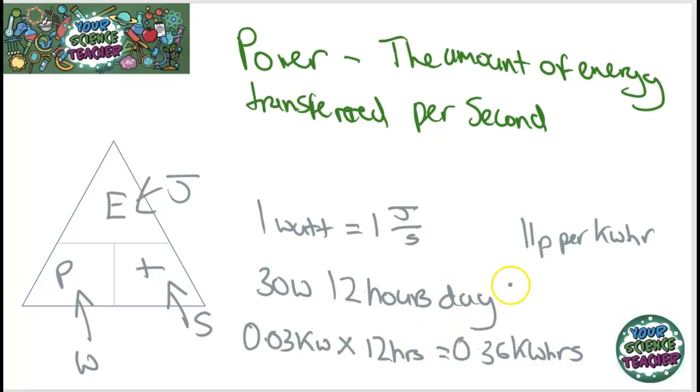And then to work out how much you paid for it, you just times that by 11 pence. So it's 0.36 kilowatt hours times 11p, and in total that has cost you 3.96 pence. But energy companies always round up for the price, so that has cost you 4 pence.